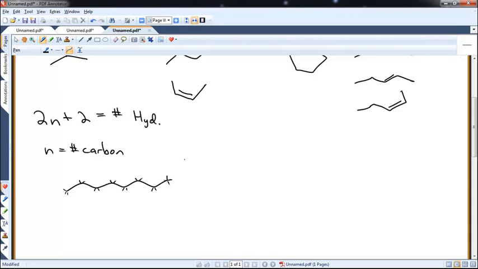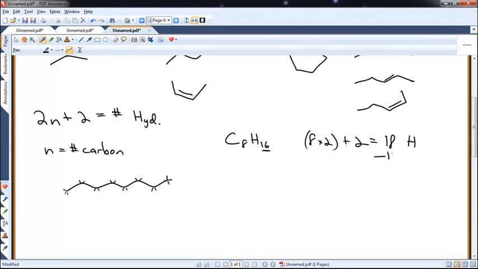If you want to determine if you have an alkene or not, then you just use the 2n plus 2 rule the same way. So suppose I said how many degrees of unsaturation are present in, we'll use the same example, C8H16. You say, well, it should be 8 times 2, 16 plus 2 is 18. That's how many I'm supposed to have. How many do I actually have? Oh, I have 16.